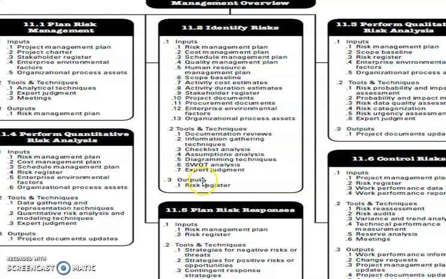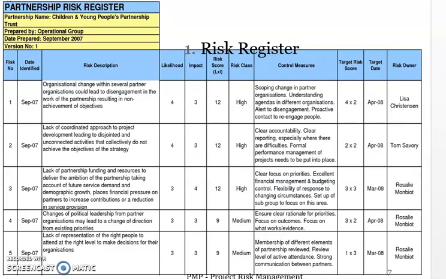The output is the risk register. I will show you a model of a risk register. This is the risk register. See, here it is: partnership name, Children and Young People's Partnership Trust, prepared by your operational group, date prepared, then version, risk number.